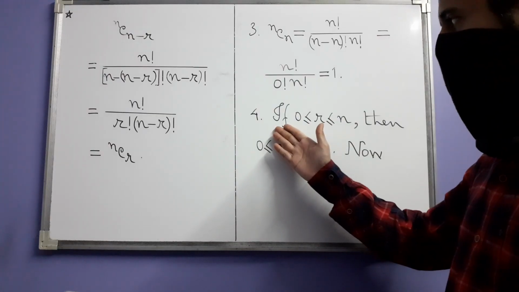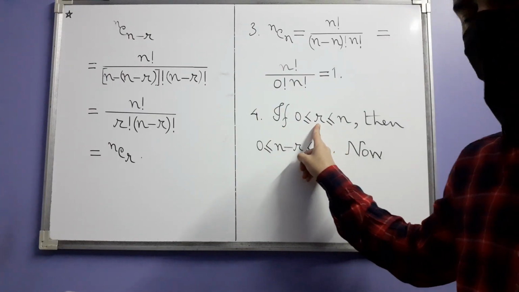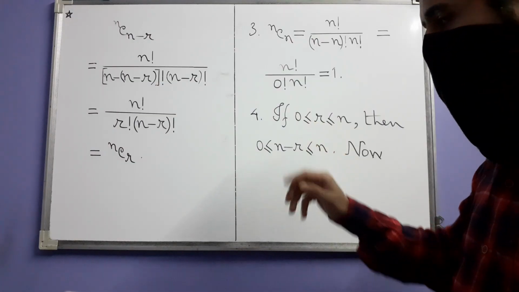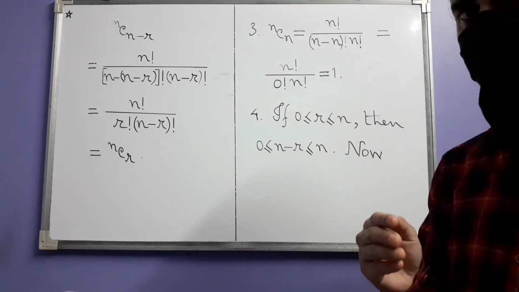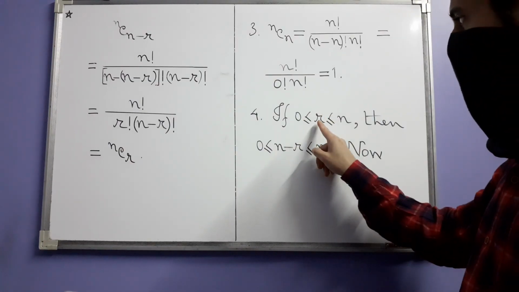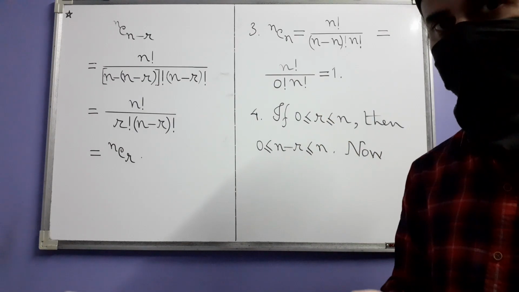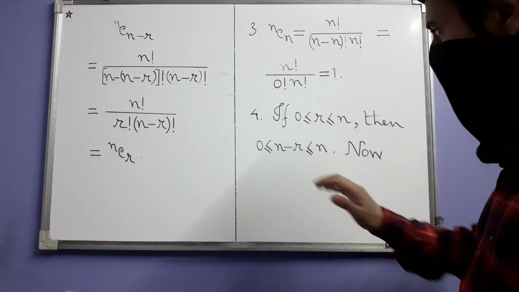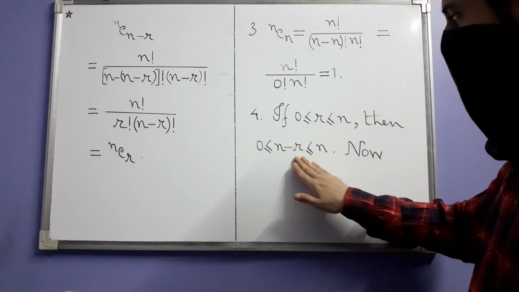Next we have number 4. Say r is a non-negative integer less than or equal to n. Non-negative means not negative. But then if something is not negative, either it is 0 or positive. So whenever we say non-negative, it means greater than or equal to 0. Then what can we say about n minus r?